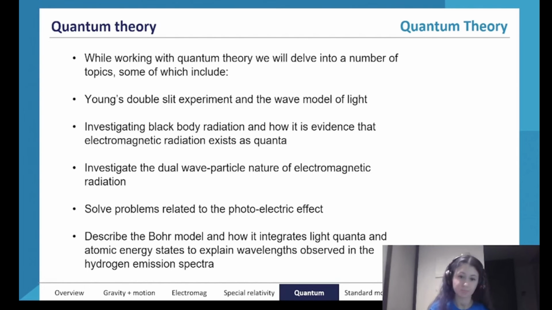The tricky thing with Young's double slit experiment and the black body radiation, these two differing experiments done in the late 1800s and early 1900s, is that they provide evidence both that light can act as a wave, but light can also act as a discrete particle.